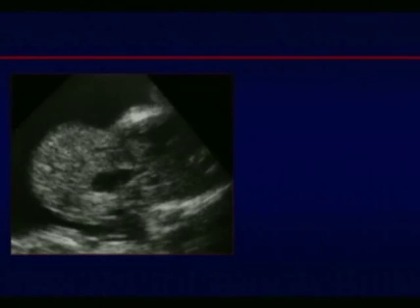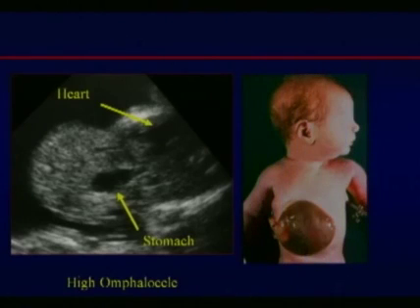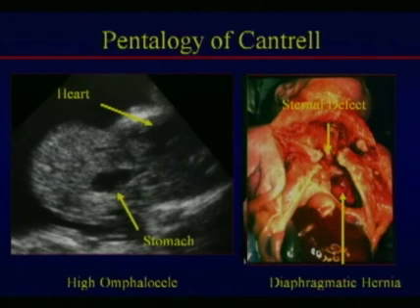Here's one case where we were able to easily tell that there was a large omphalocele. That wasn't a problem, but we actually missed the fact that there was an associated diaphragmatic hernia, and both of those conditions can produce pulmonary hypoplasia, and in this case it was a lethal pulmonary hypoplasia. This is part of the Pentalogy of Cantrell.